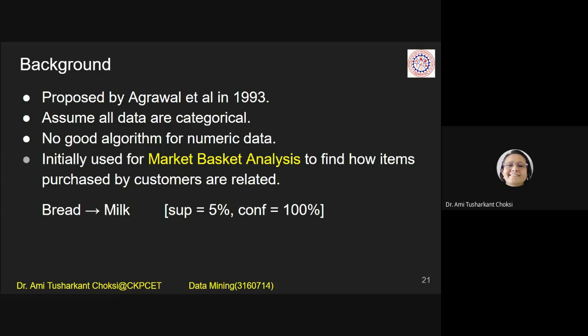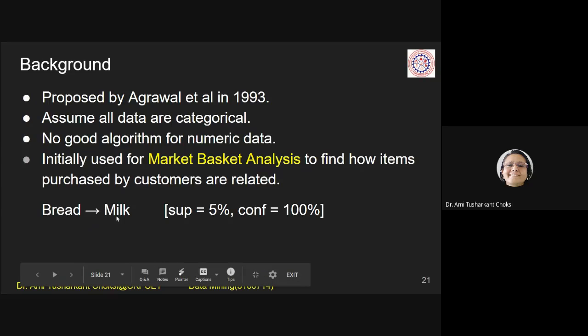When you go to the market, you purchase items and put them in the basket. Do we analyze the basket of only one person? No, for all the customers. Where do we have all these things? They are there in the database of transactions at a particular shop. So we analyze them and we will be able to see that people who purchase bread will purchase butter also.